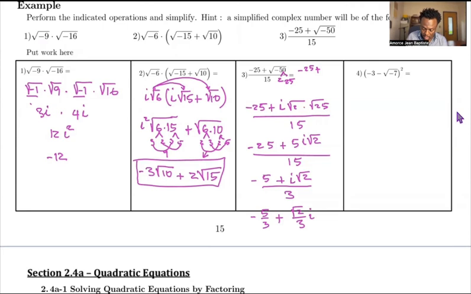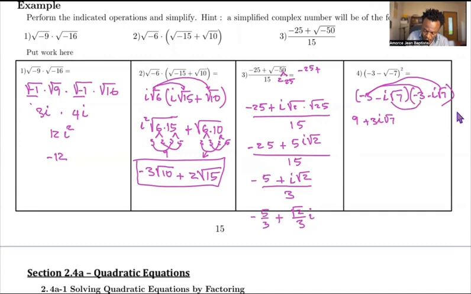And final example here, that's going to be -3 minus i square root of 7 times -3 minus i square root of 7, right? And then we distribute this. That's +9. That's +3i square root of 7.